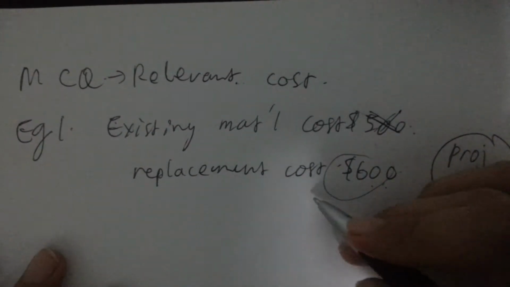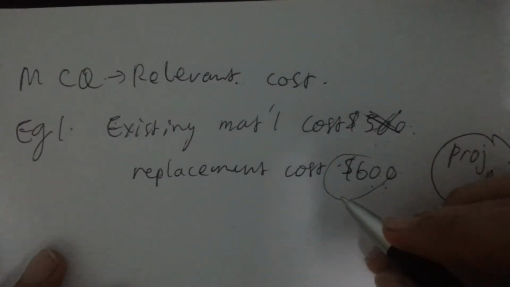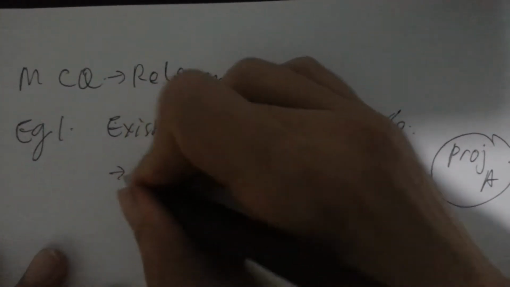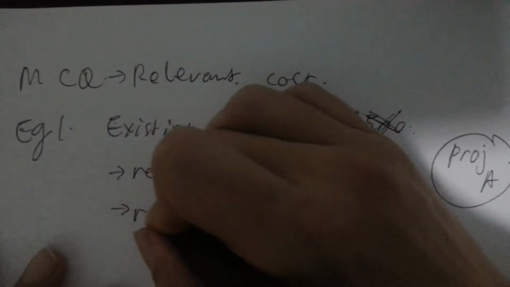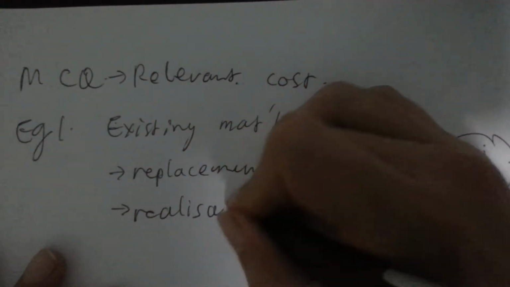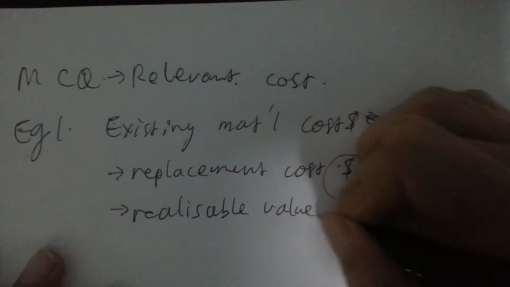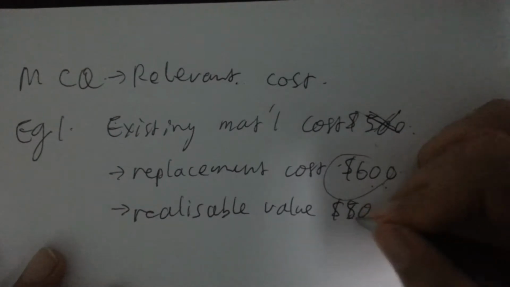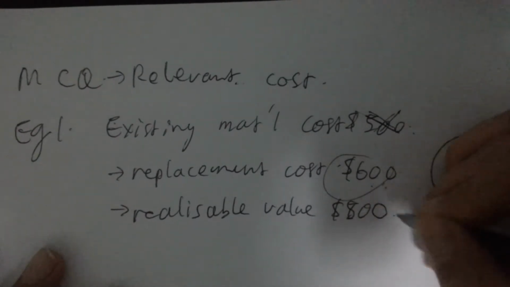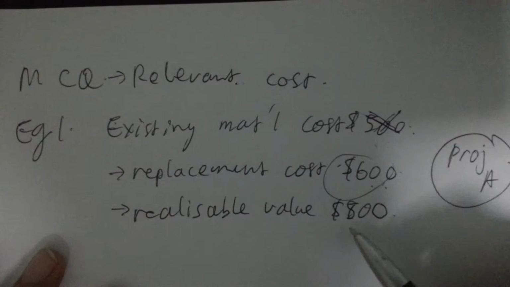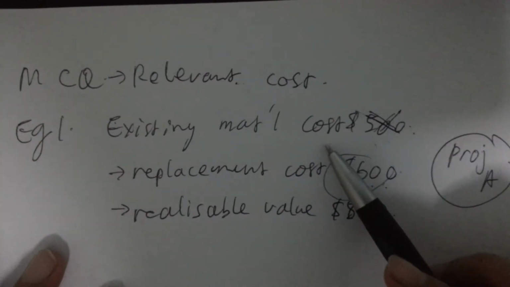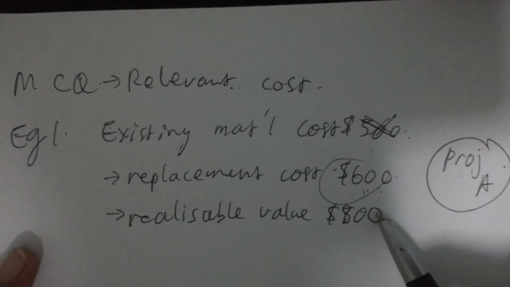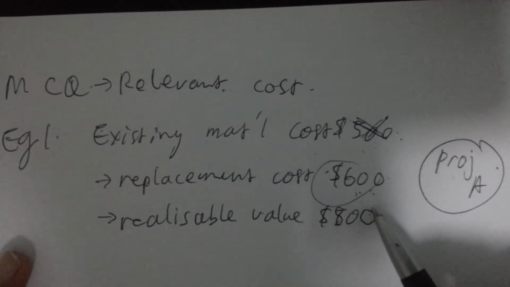Now, what happens if I extend the question a bit more and explain that there is one more thing. These materials have a realizable value of maybe say 800, which means that if I choose not to use these materials for project A, I have an opportunity to sell them for $800. Let me ask you again.